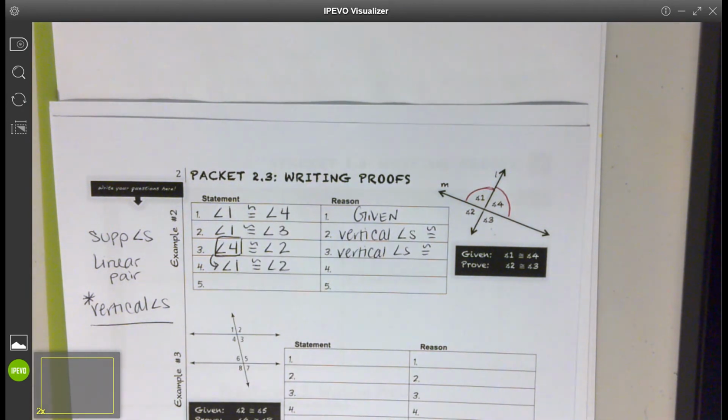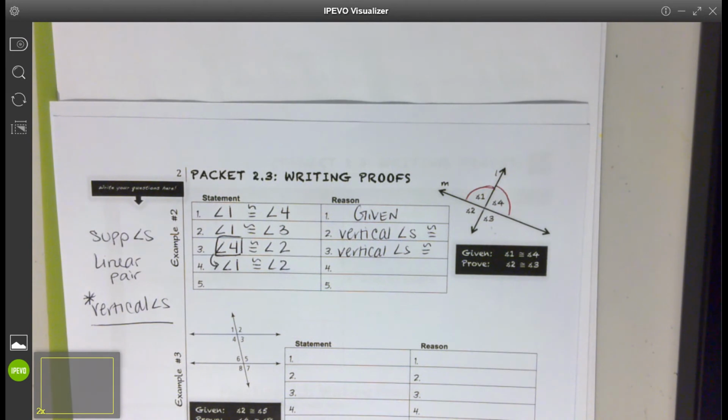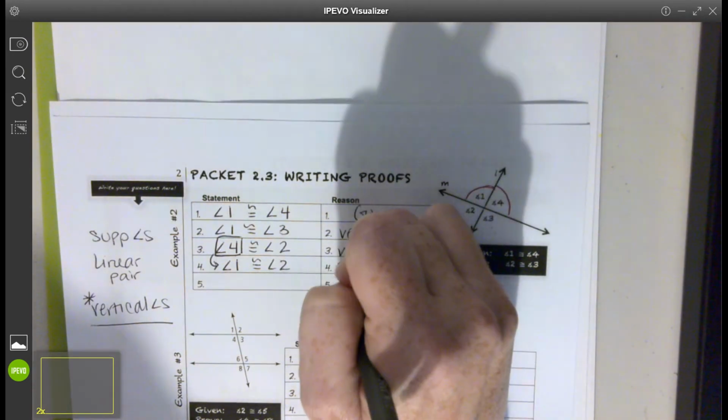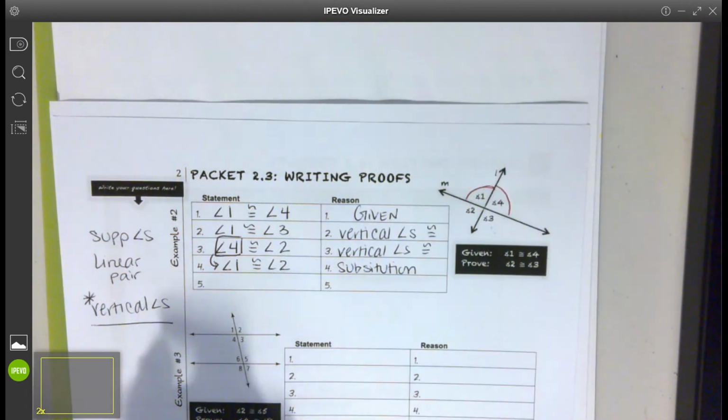And why would that be? How would I be able to do that? What did I do to bring in that information? I took that information from up top, but what do we call it? And what we call that is substitution. I swapped out angle 4 for angle 1.